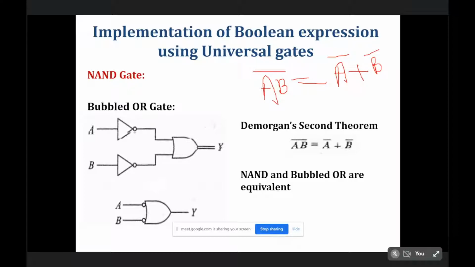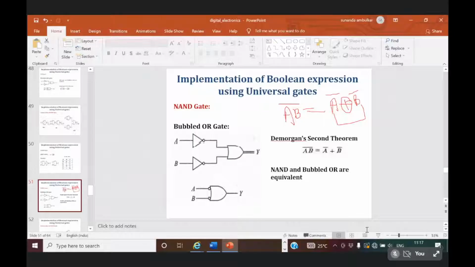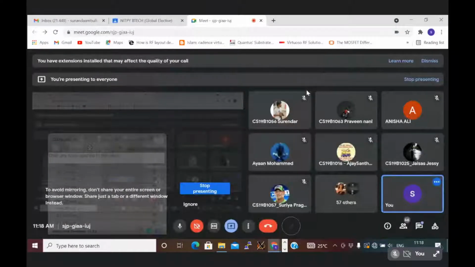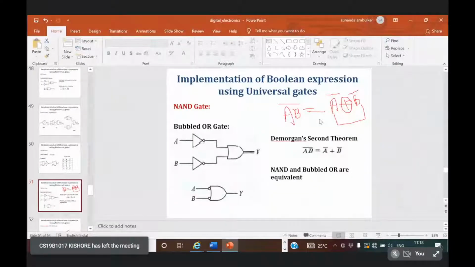Just the way we have done in the NOR operation, the bubbling of the variables. This plus indicates that it is the OR operation. So the OR operation with the complemented variables will make the NAND operation.